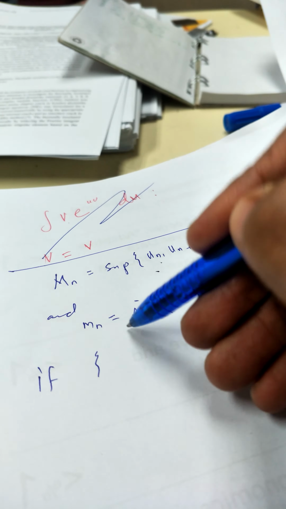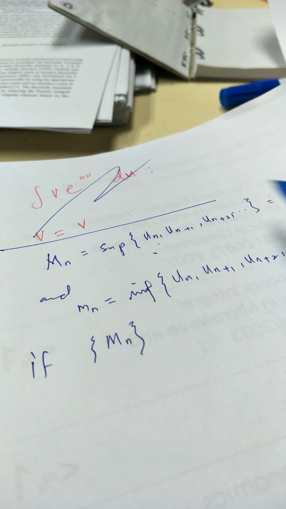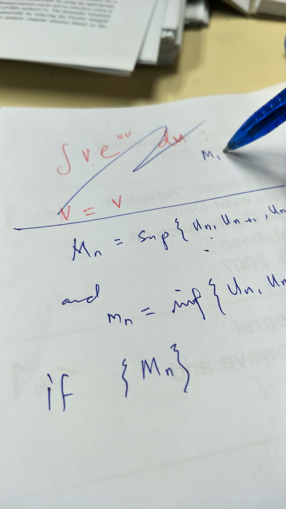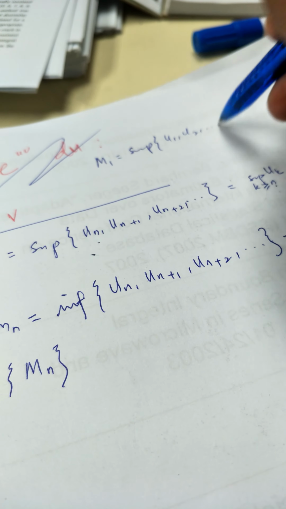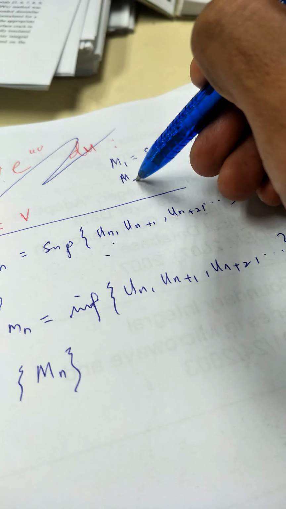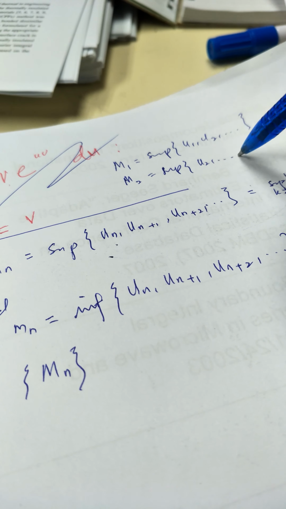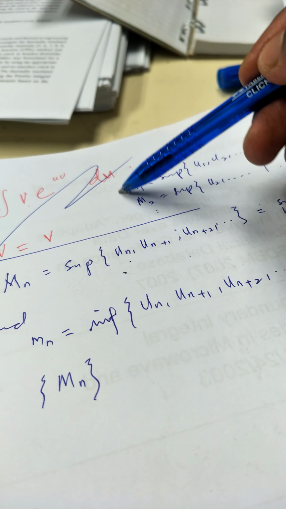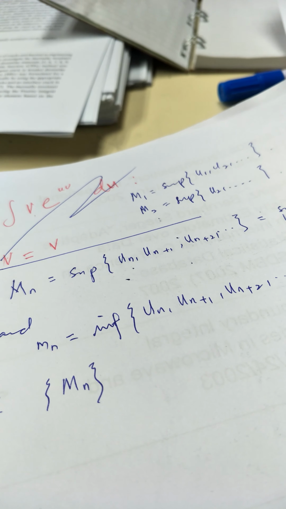So if we consider the sequence of suprema, for example, M_1 is the supremum of u_1, u_2, and so on. M_2 is the supremum of u_2, and so on. And we can have M_3, M_4, and so on. This collection of suprema we can make into a sequence.